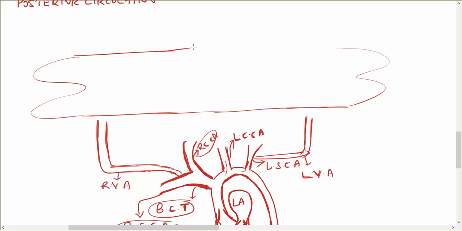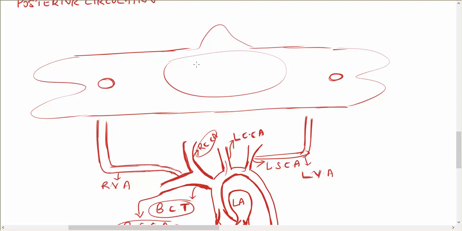This is the transverse process of the vertebra, and there is a foramen present in the transverse process. This is the spinal cord, and this is the transverse process of the vertebra. The vertebral arteries enter this foramen in the transverse process.